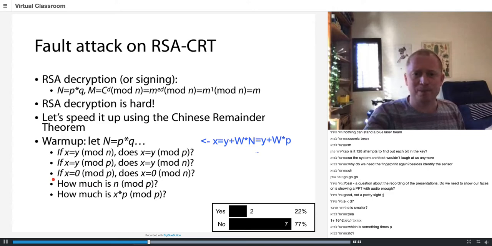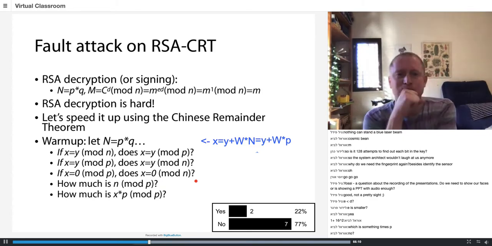Third question. If X is equal to 0 modulo P, does it mean that X is equal to 0 modulo N, necessarily? Yes or no?